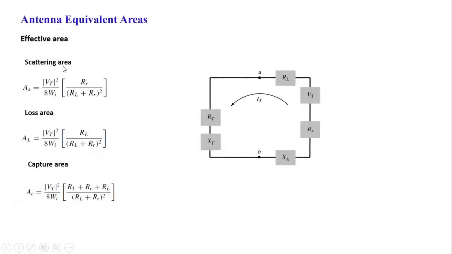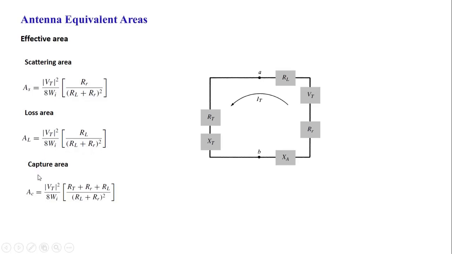The scattering area is given as AS equal to mod of VT square divided by 8 into WI, multiplied with RR, that is the radiation resistance, divided by loss resistance plus radiation resistance whole square. Loss area is given as AL equal to mod of VT square divided by 8 into WI, into the loss resistance divided by loss resistance plus radiation resistance whole bracket square.